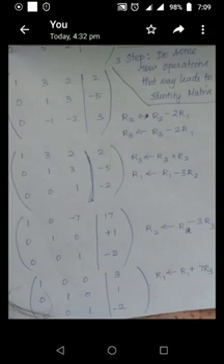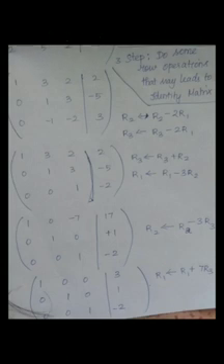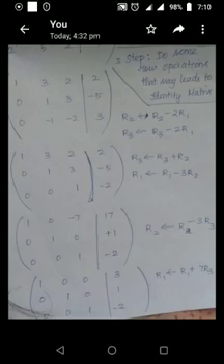How do we find it? With simple equations, we subtract from R2 the multiplication of 3 with R3. In R2 the value 3 is changed into 0, and here we have 0, 1.